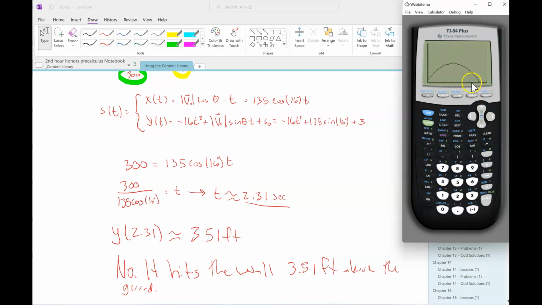Now, would it be nice if I could actually get the wall to graph in here so we could see what's going on? Heck yeah. Can I graph a wall? Heck yeah, I can. So the wall needs to occur at 300, right? That's the x coordinate. It's 300 feet away. And then to get the wall to go up 15 units, I'm going to do 15 divided by my max T. So let's see, where was that?